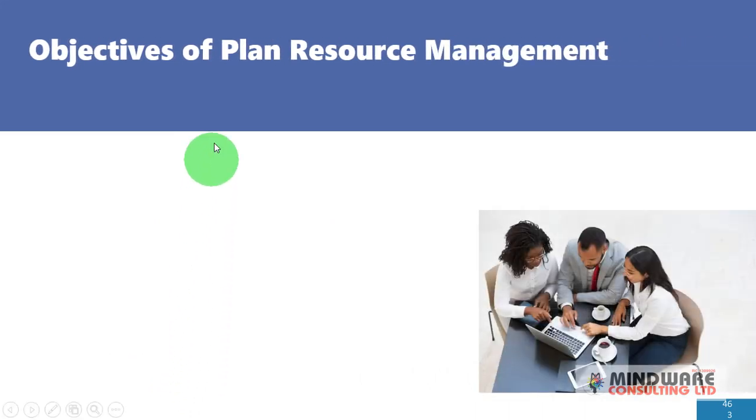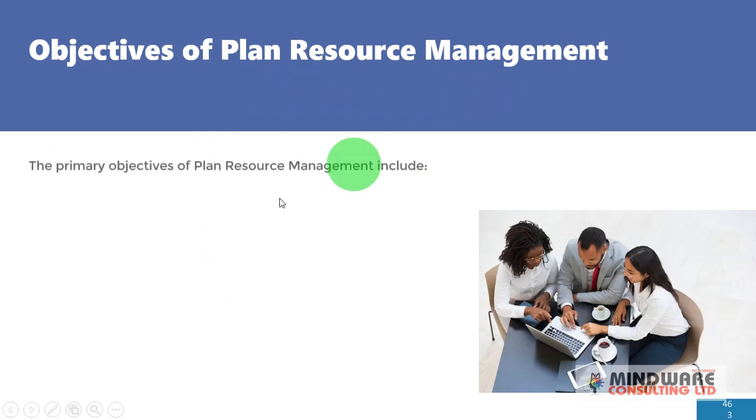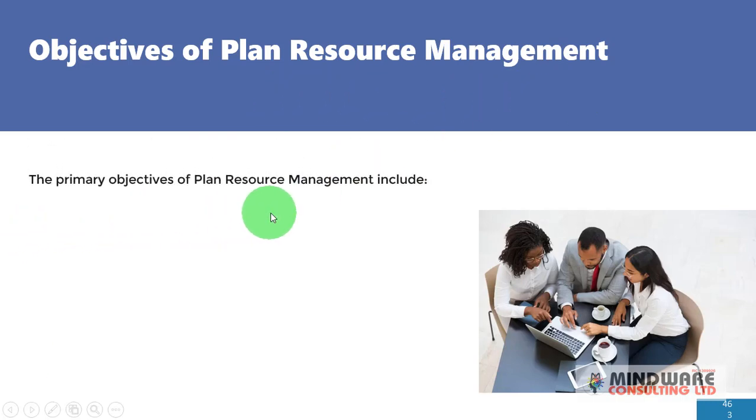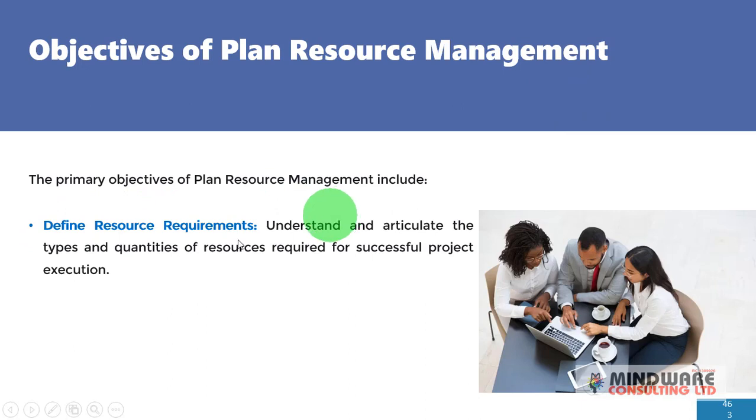Now, what are the objectives of plan resource management? The primary objectives include defining resource requirements. Now you're going to have to understand and articulate the types and quantities of resources required for successful project execution.